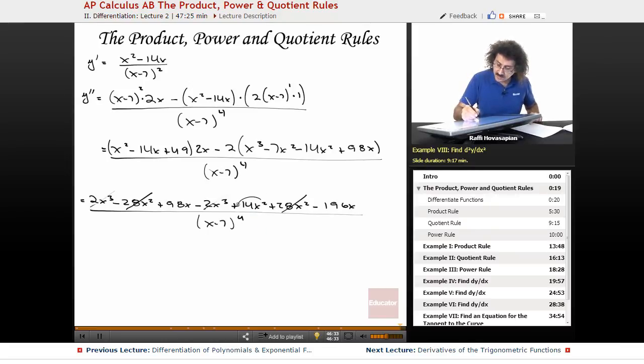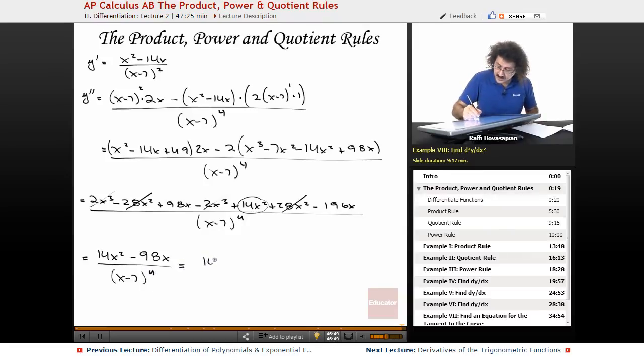I end up with 14x squared, 98x minus, this is going to be minus 98x all over x minus 7 to the 4th.